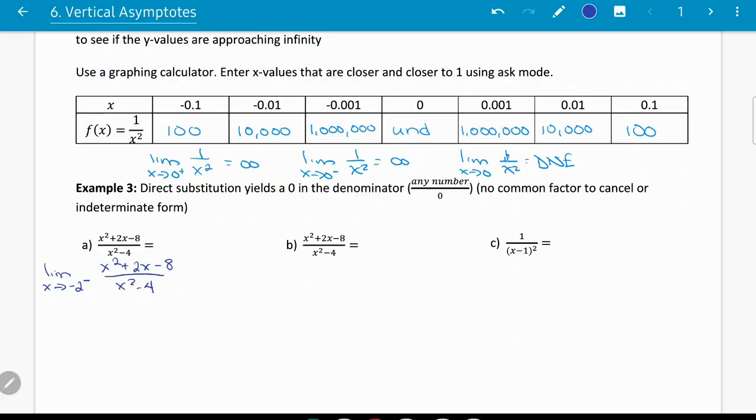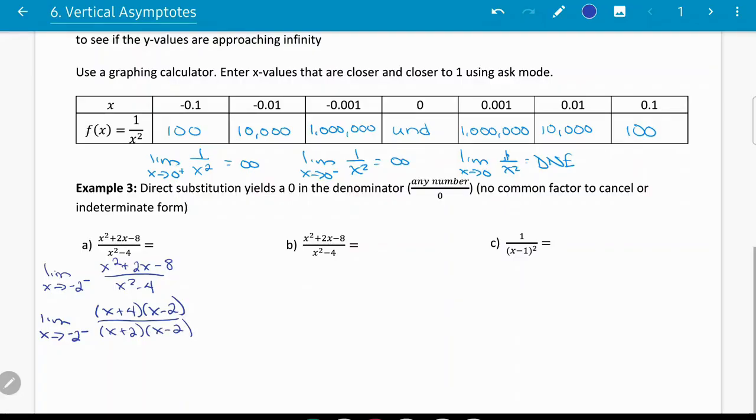Now the first thing I'm going to notice is that I can simplify and factor my numerator and my denominator. So this is the limit as x approaches negative 2 from the left of x plus 4 times x minus 2 over x plus 2 times x minus 2.